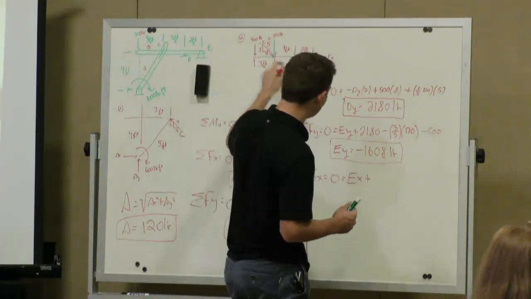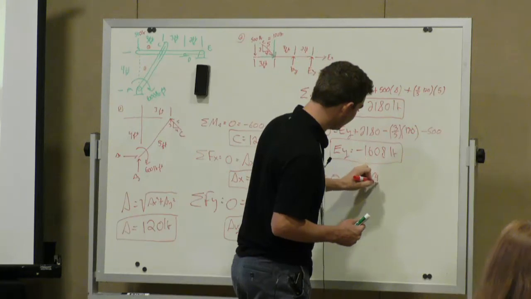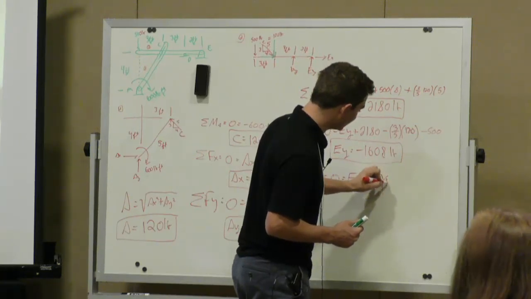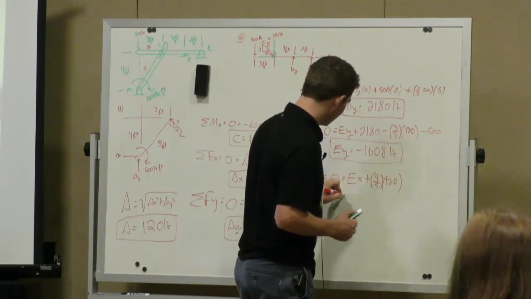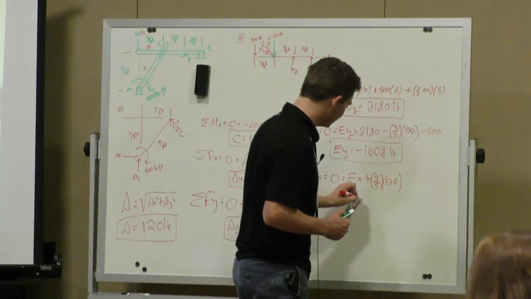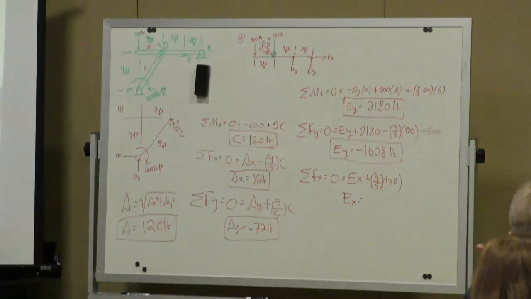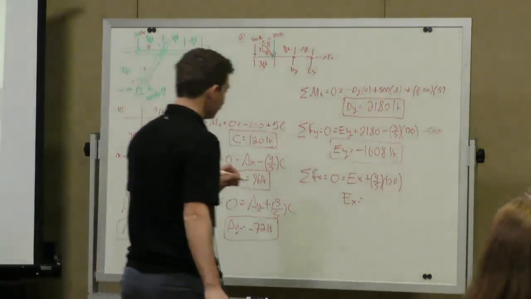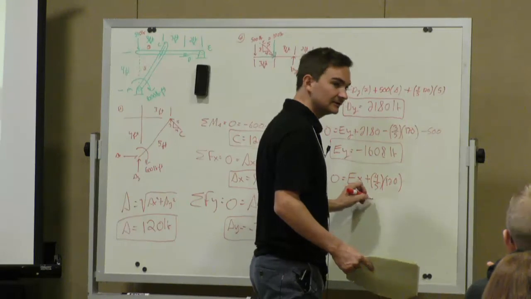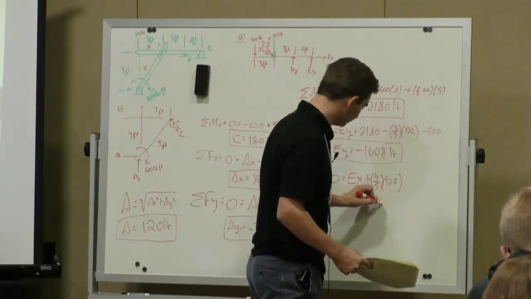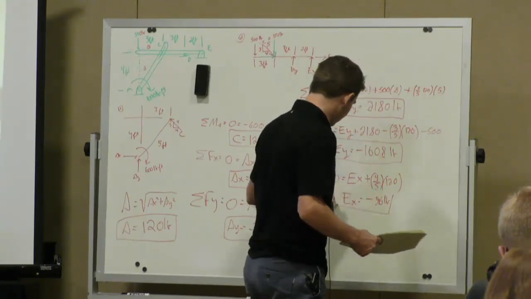And like you said, it is 4/5, so 4/5 times the magnitude of 120. Ex is equal to what? Negative 96. Everyone else get that? Negative 96, and again, that's in pounds.